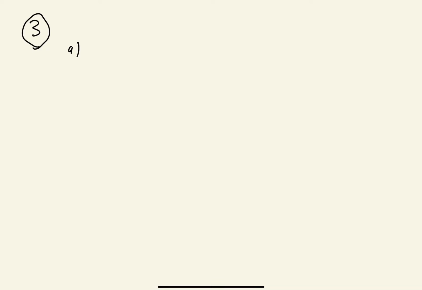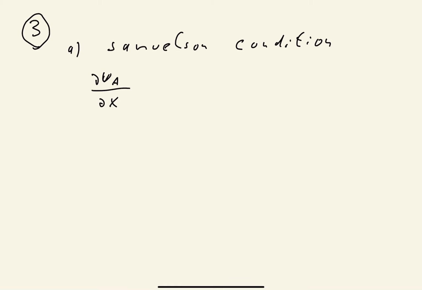So what we must have is the Samuelson condition, which says that the marginal utility of individual A plus the marginal utility of individual B plus the marginal utility of individual C with respect to the public good should be equal to the production cost of the public good.